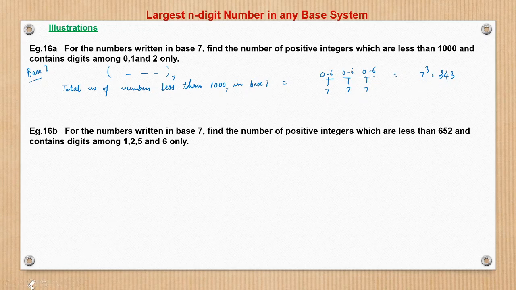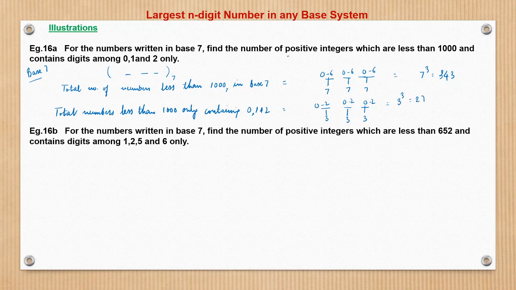But if we have to find the total numbers less than 1000 only containing 0, 1 and 2, then all three places take 0 to 2, only three possibilities each. So 3 cubed, which is 27.